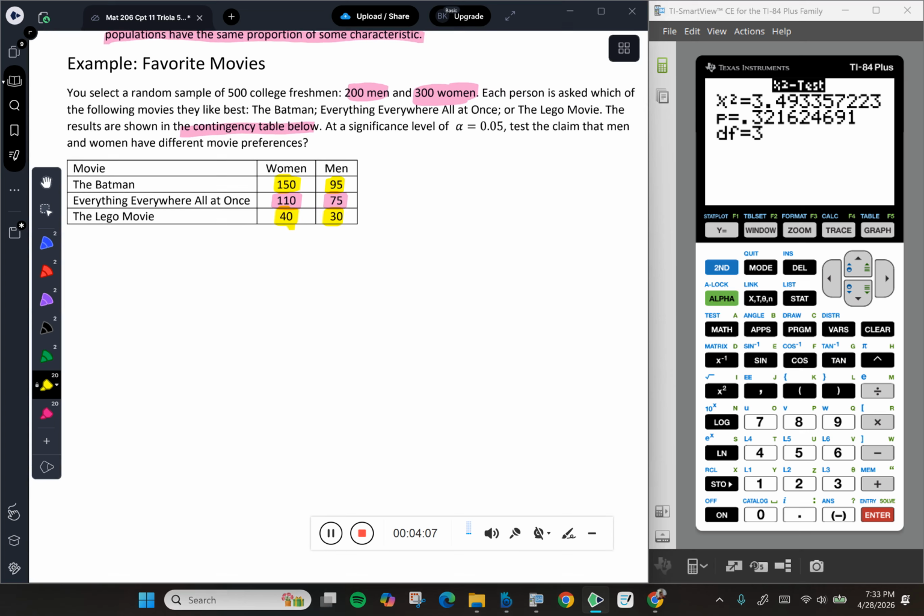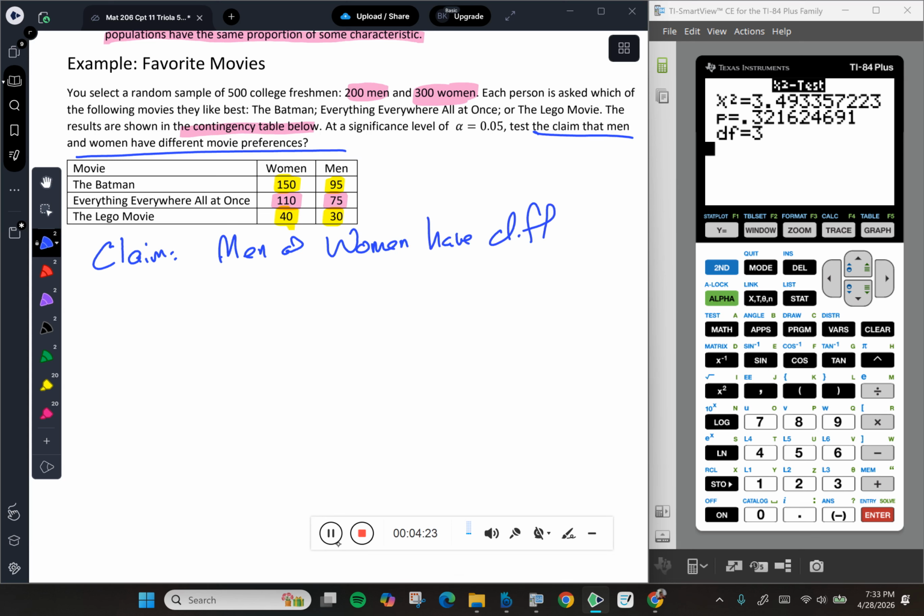All right, so what's our claim? Well, our claim's here. Our claim is that men and women have different movie preferences. That's our claim. So when I set up my null and my alternate, my null is always that they're the same.